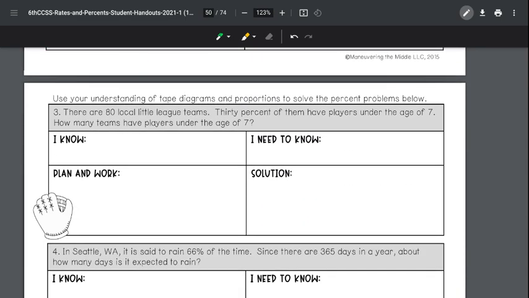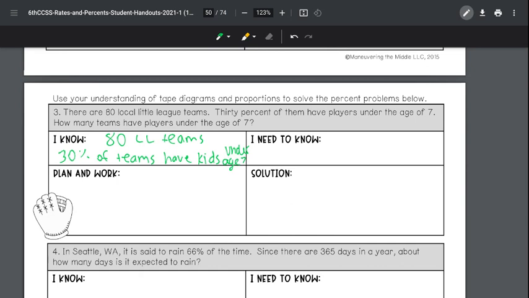Use your understanding of tape diagrams and proportions to solve the percent problems below. There are 80 local Little League teams. I know that there are 80 Little League teams. 30% of them have players under the age of 7. 30% of teams have kids under age 7.